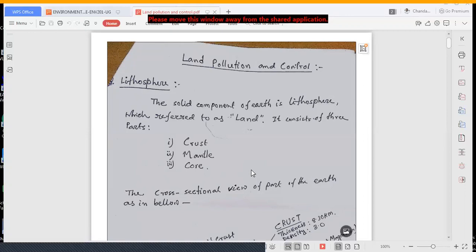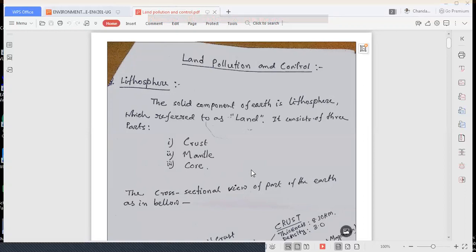Lithosphere means the solid component of Earth, which is referred to as land. It consists of three parts: crust, mantle, and core.